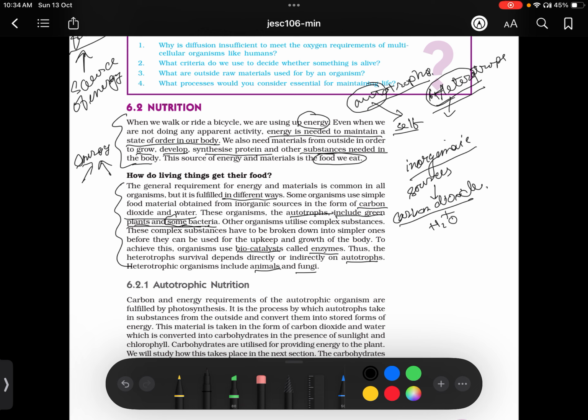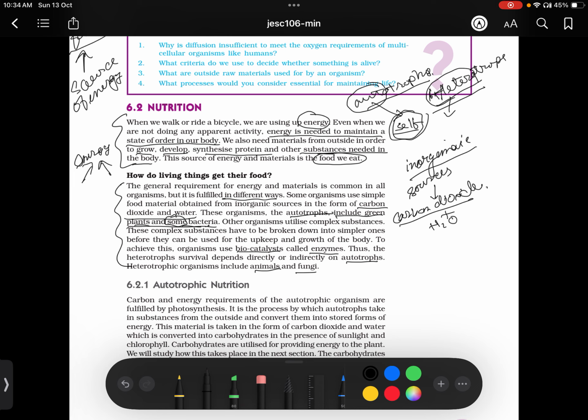Bacteria are of different types. You will get this in class 11. For the time being, you just remember green plants and some bacteria are considered to be autotrophs. As I have told you, auto means self, and this is the simplified version of up to this line.